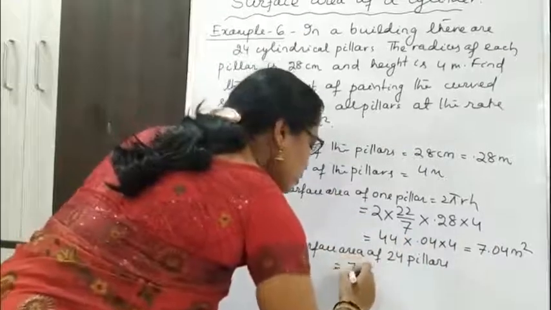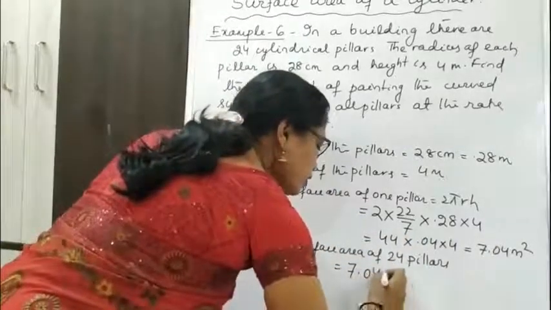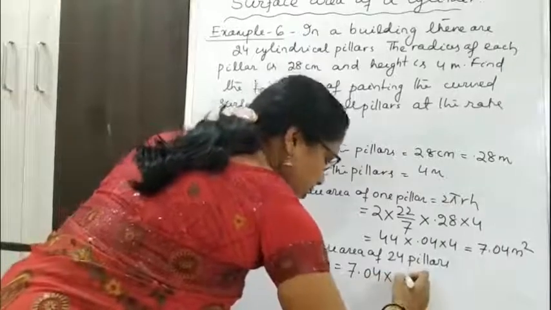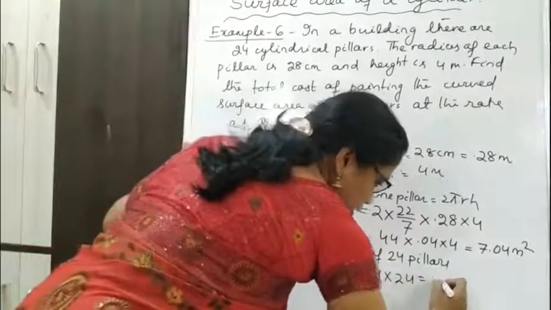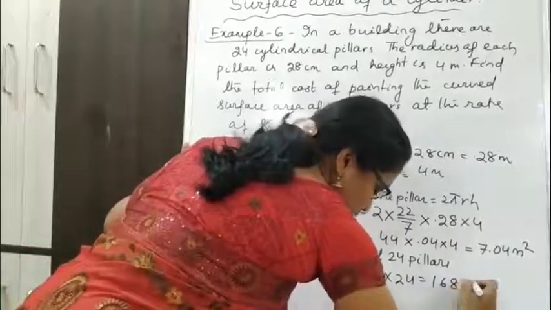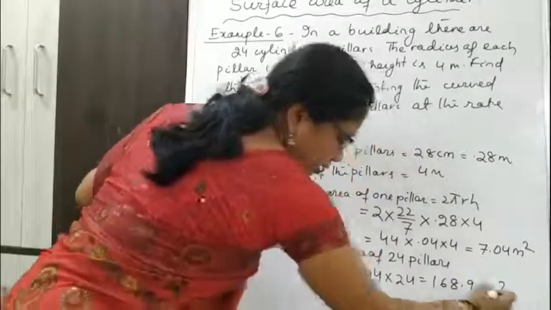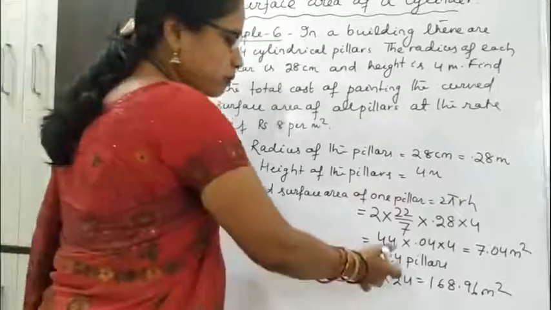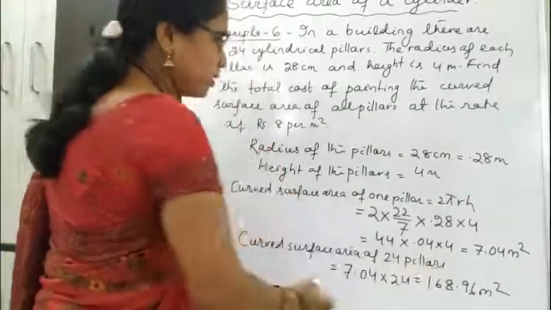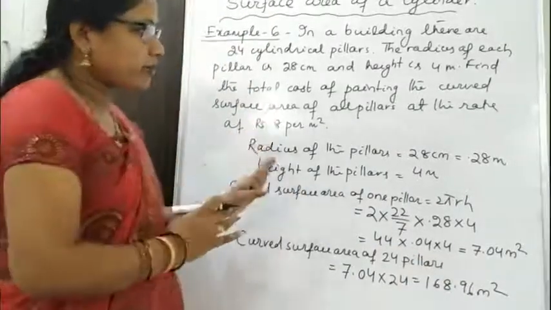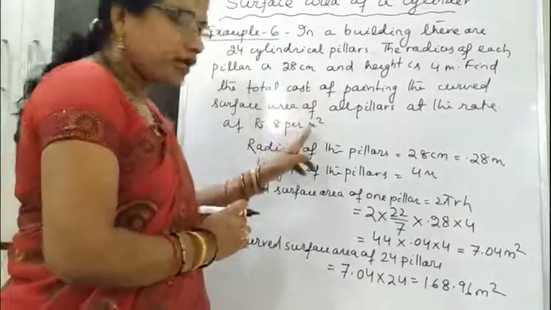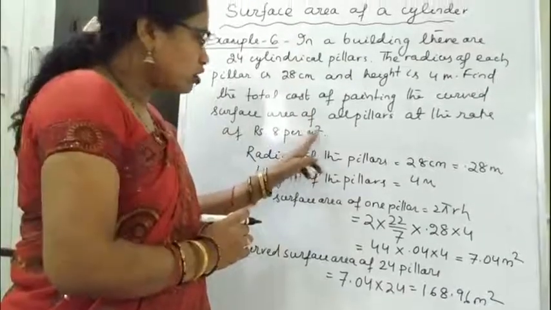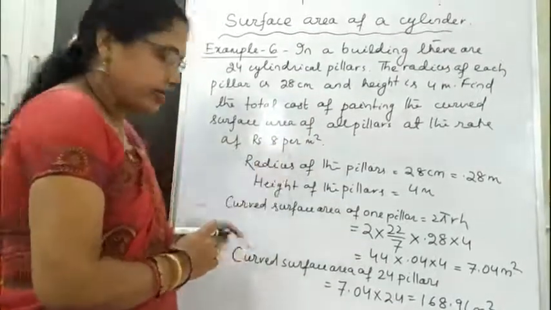So this is equal to 7.04 multiplied with 24, that is 168.96 meter square. So this is the curved surface area of 24 pillars. But here it is given that for per meter square, the cost of painting is rupees 8.